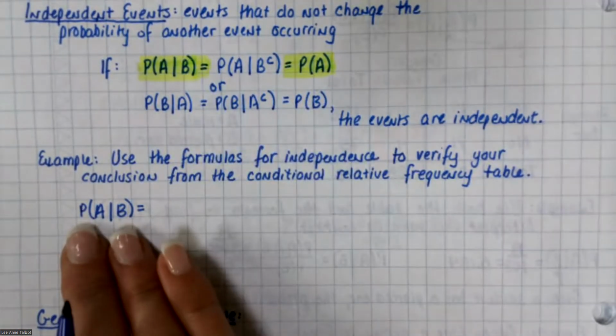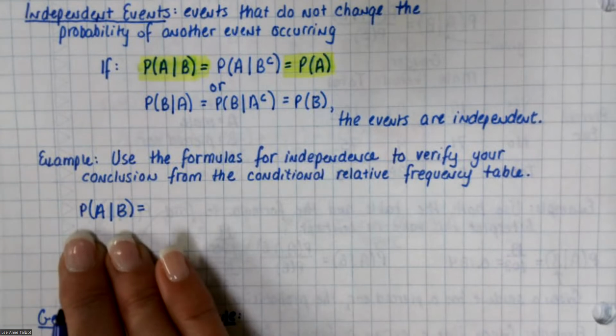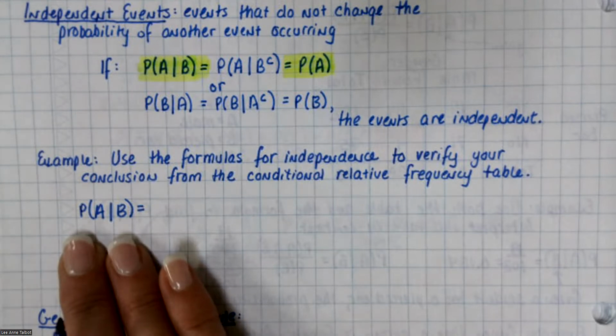Okay. Can you please look back in your notes and find me the fraction and the decimal for the probability of A given B? It's back in your notes. Scan back in there. Find it. Can you find it?